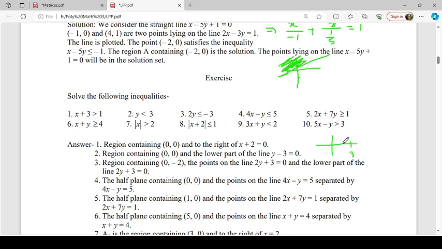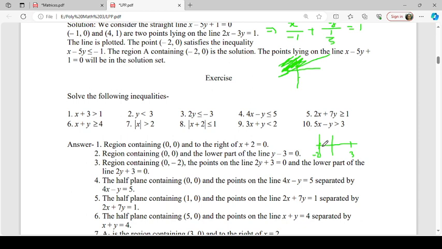So x equal to minus 2, this is minus 2. The line x plus 2 equals 0, that is x equal to minus 2.